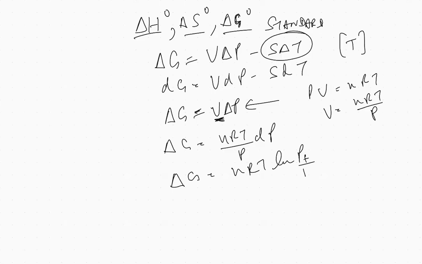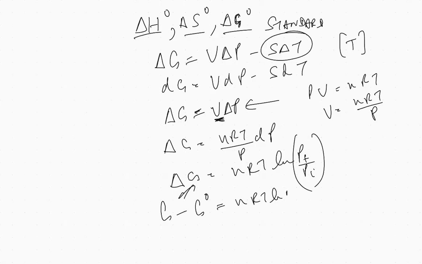It's the difference between the end result of G and the standard: nRT ln PF over PI, final over initial.